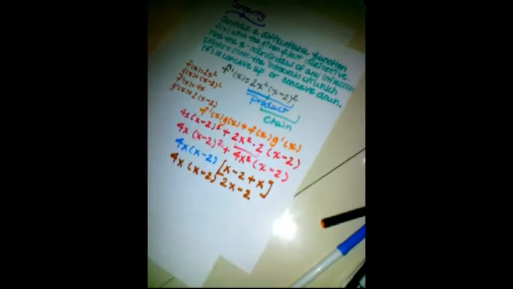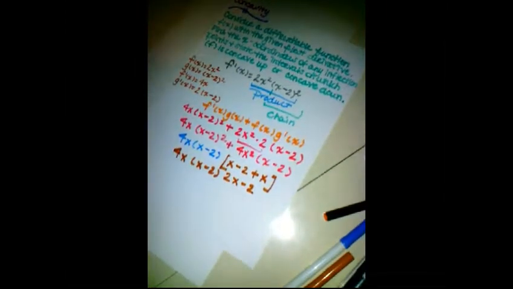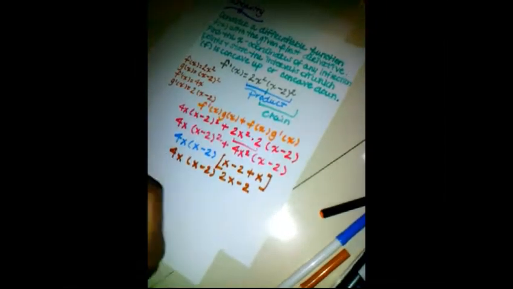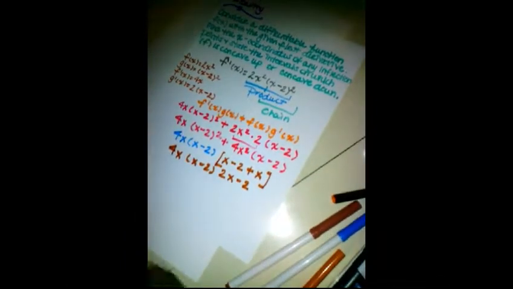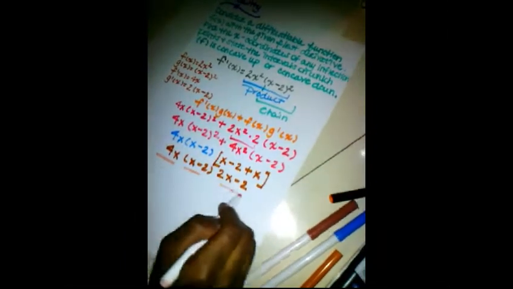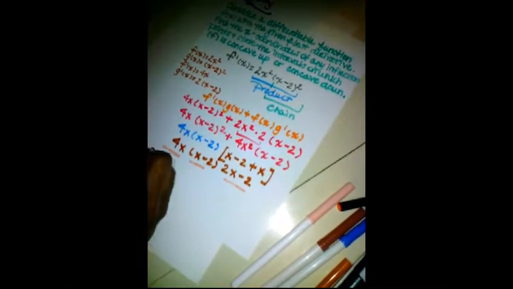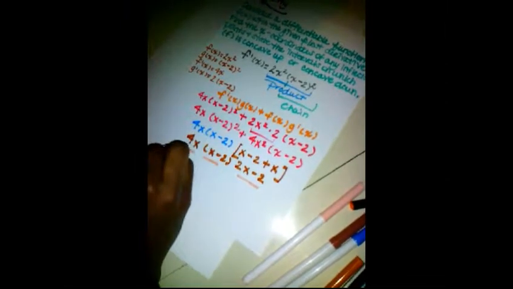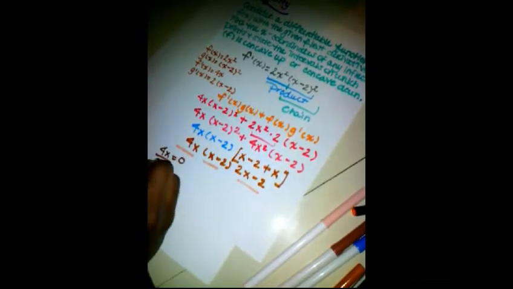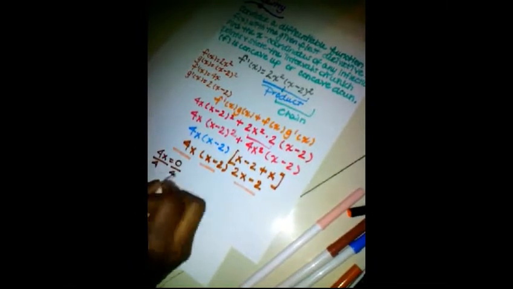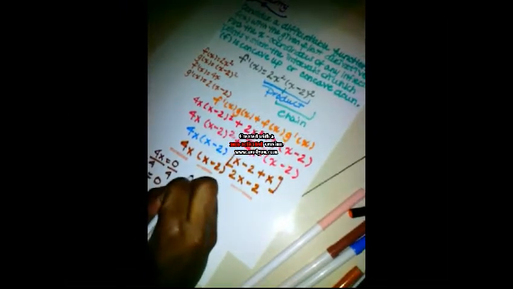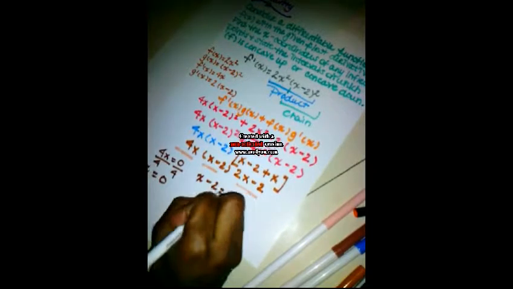Now you have everything. You can set all this equal to 0. 4x equals 0. Divide by 4. X equals 0. X minus 2 equals 0.